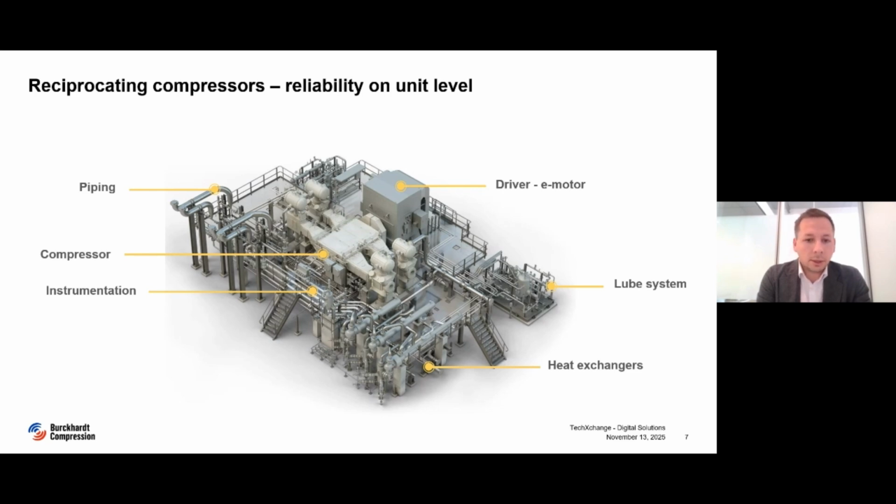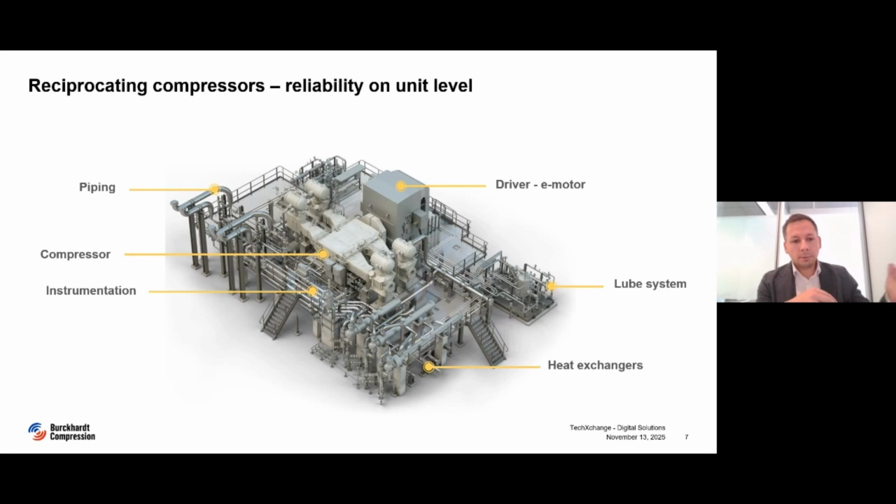It also has skids for lubrication and cooling water, instrumentation, and other auxiliary subsystems. From a reliability point of view, on this level, they all can be regarded as links in a chain, where the reliability of each component effectively governs the reliability of the whole compression unit.